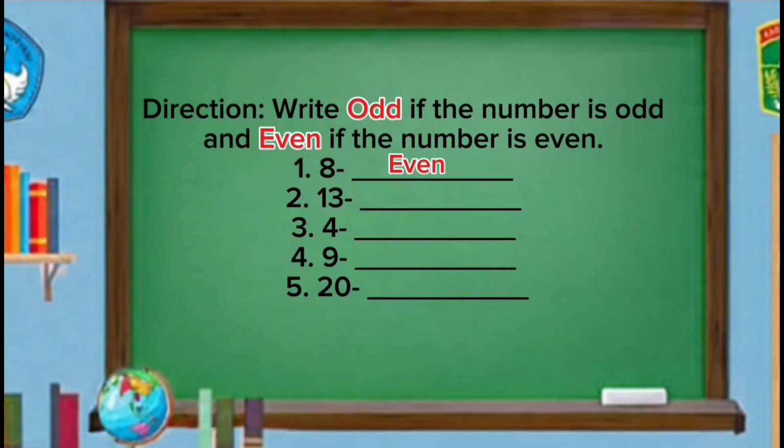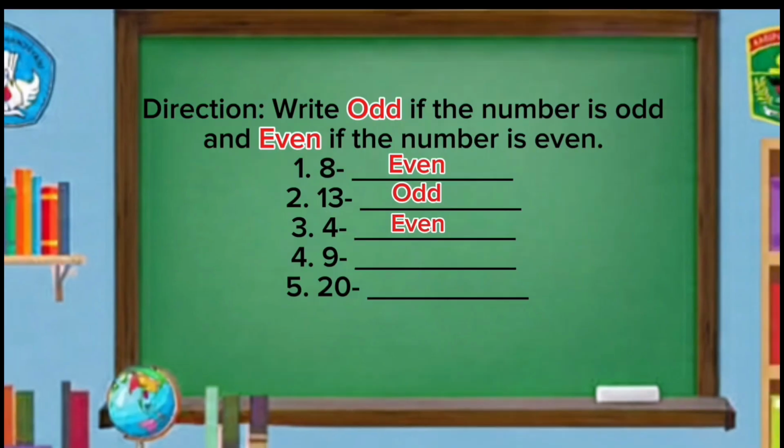Number 2, 13. 13 is odd. Very good. Number 3, 4. 4 is even. Very good.